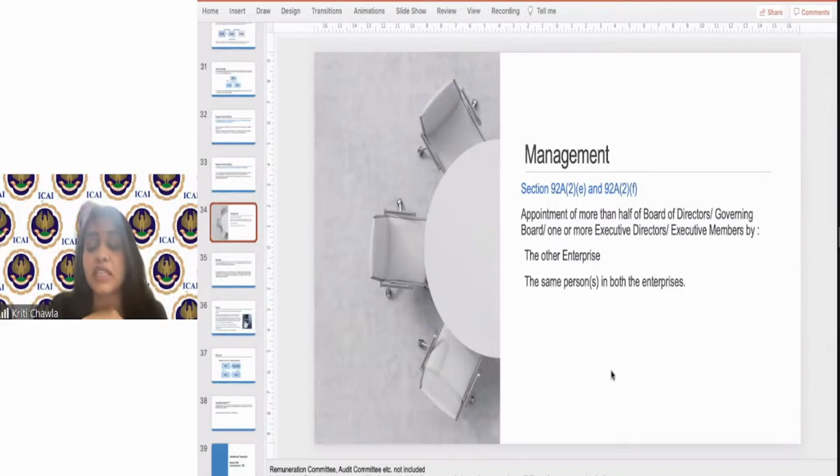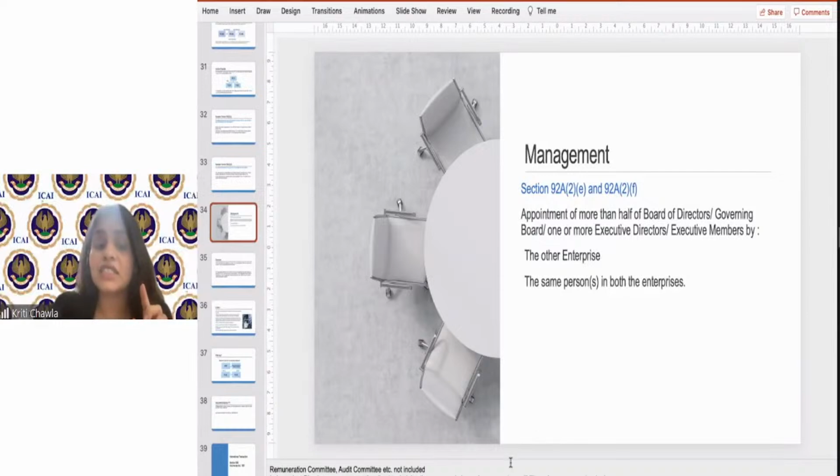So the difference between executive directors and executive members is within the question, which is, do you think that independent directors will be covered? Appointment of KMP, yes, appointment of KMP, key managerial persons, that is what we're talking about. Absolutely. When we talk about independent directors will not be covered.